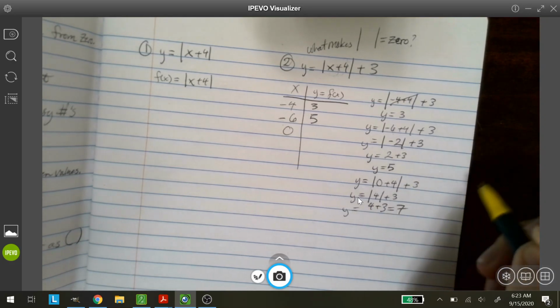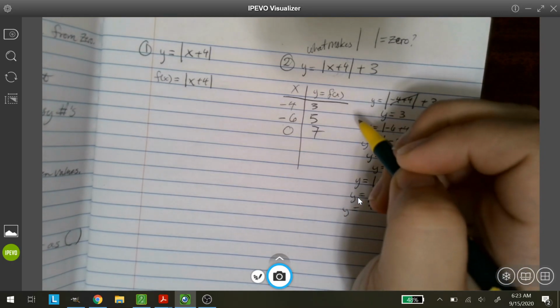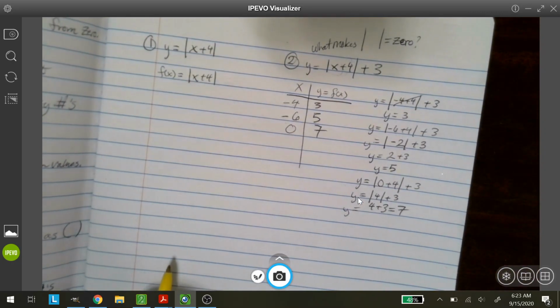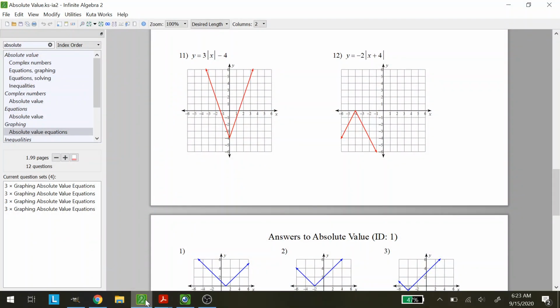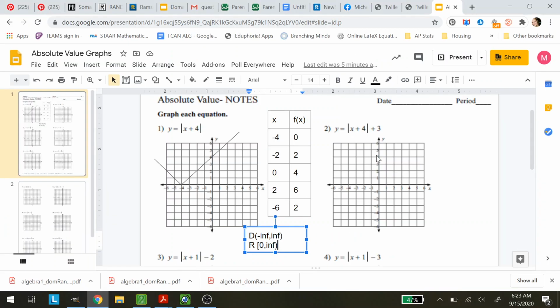So I get 7. So 7 is actually, I'm pretty sure it's bigger than our chart. That's not the one I wanted. That's the one I wanted. Yeah, we can't go bigger than 4. See how 7 would be off the chart because it goes up to 6.